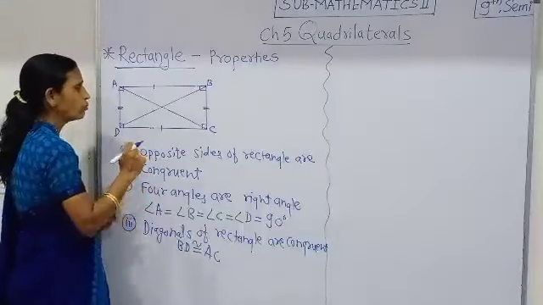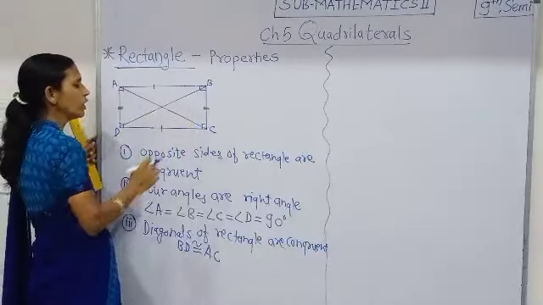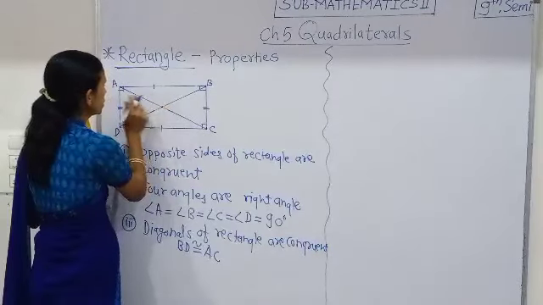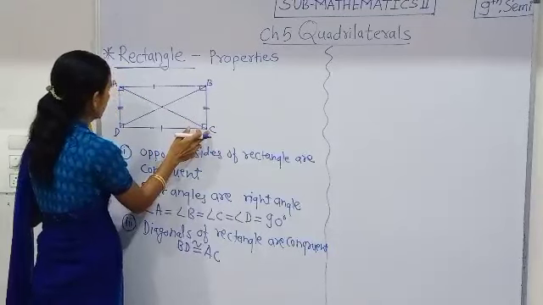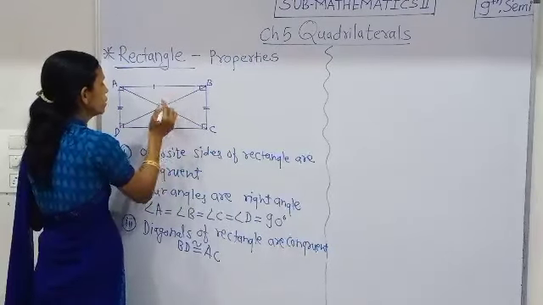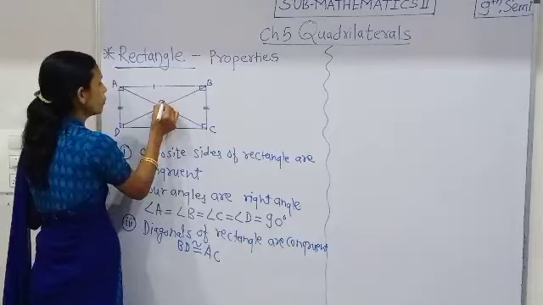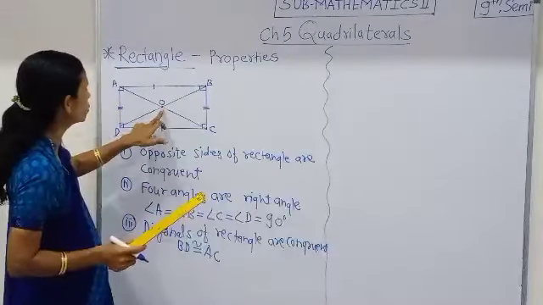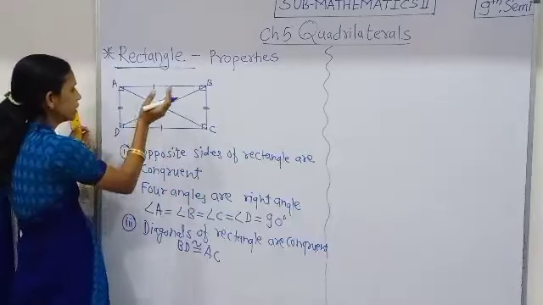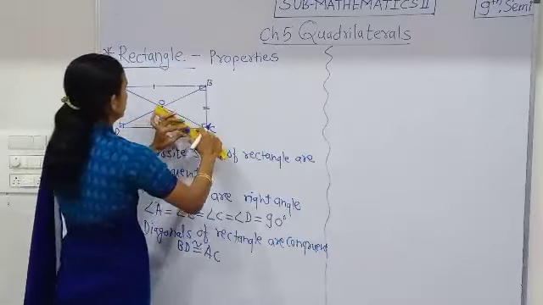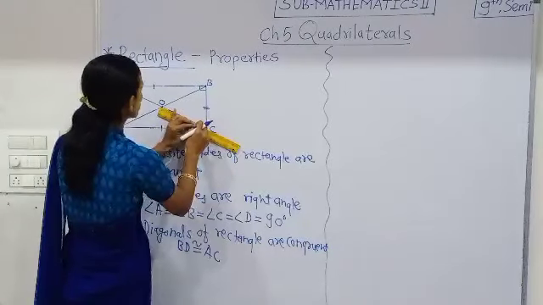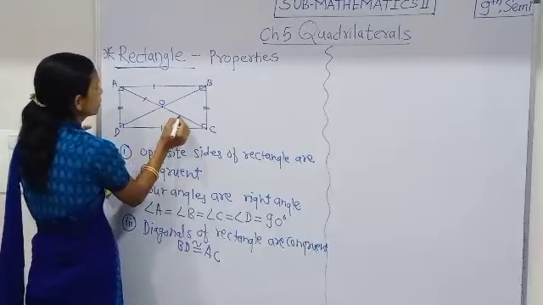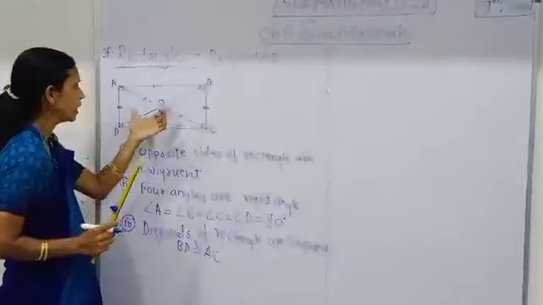Then one more property related to the diagonals of a rectangle I am going to discuss with you: if diagonal AC and diagonal BD intersect at point O, consider the point of intersection of those diagonals as O. Then if we measure the lengths of OC and OA, they are of the same length.